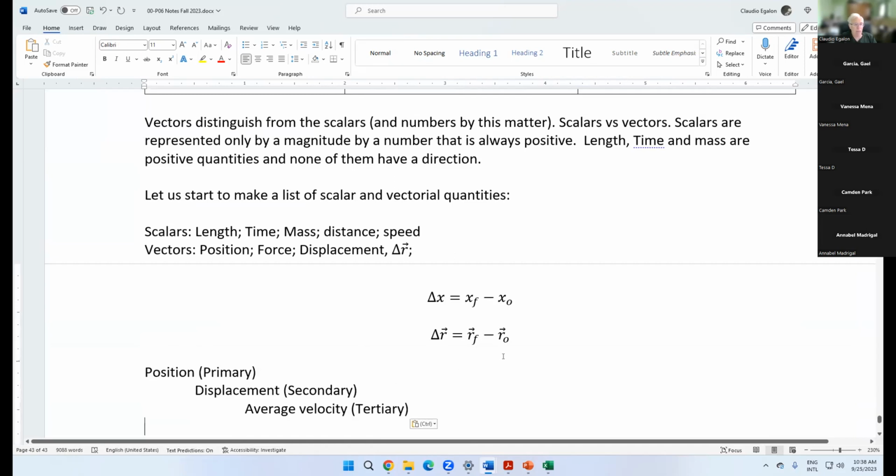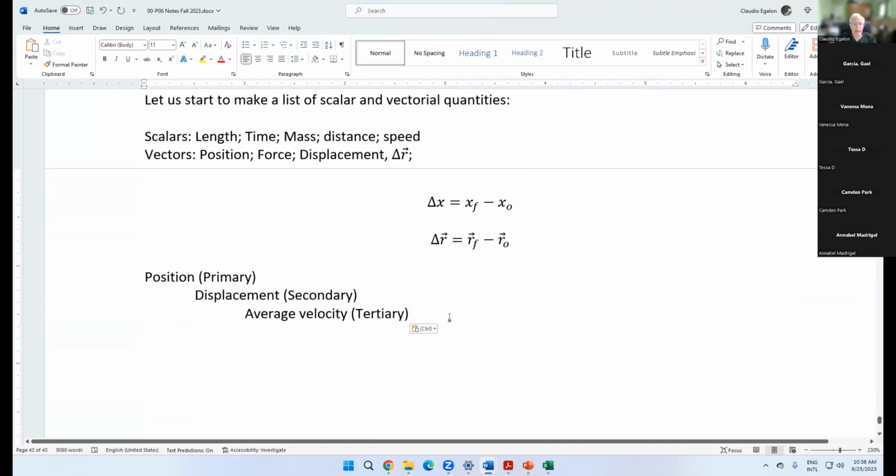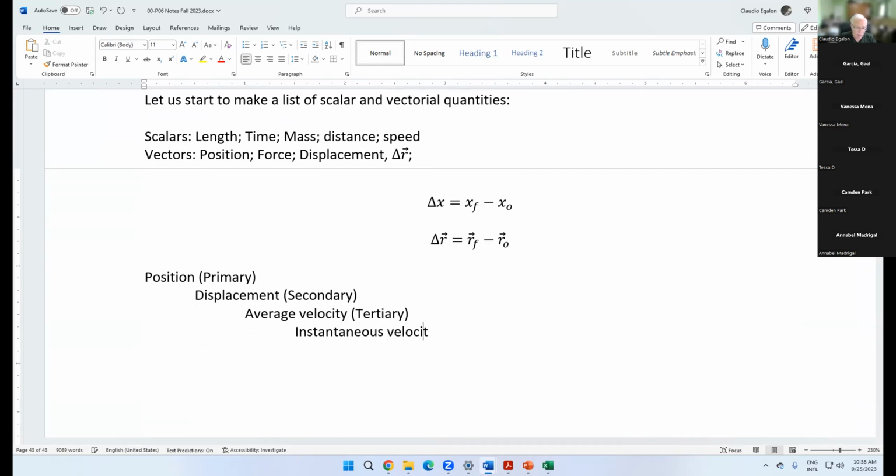Position, displacement, then we define the average velocity. After average velocity, we define instantaneous velocity. After instantaneous velocity, we define average acceleration, and after average acceleration, we define instantaneous acceleration. All those quantities, all those definitions, are vectorial in nature.